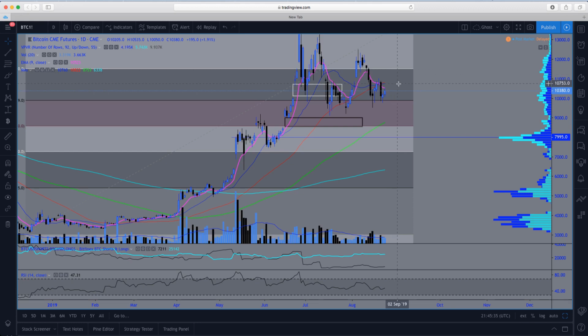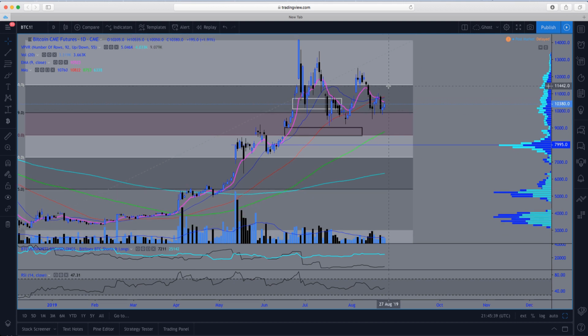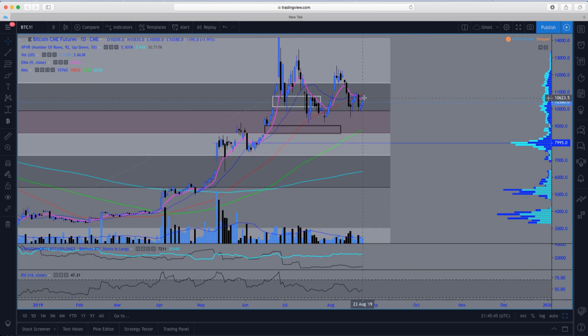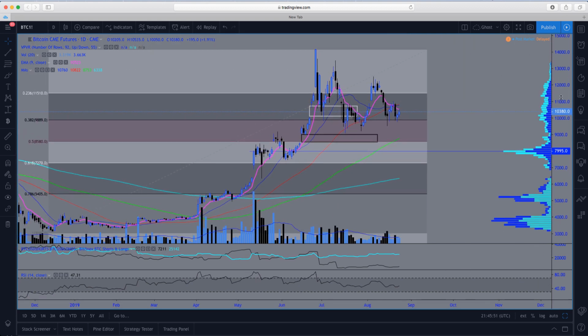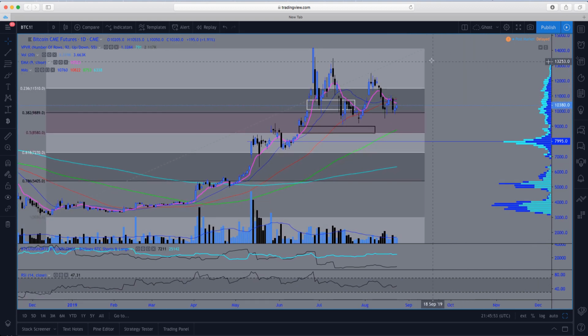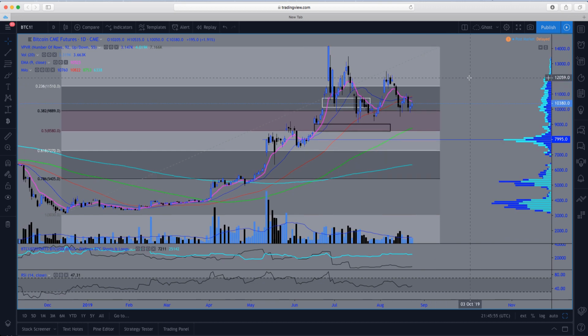We could reject and come right back down. Again, we're just seeing lower lows, even if it does get to that level. Come down, maybe come up a little bit, have another lower low, and then continue to the downside. Or we could just continue some tight patterning and take off. So either way, I'm keeping both things in mind. Being non-biased, I want to see how price action acts around these certain levels.